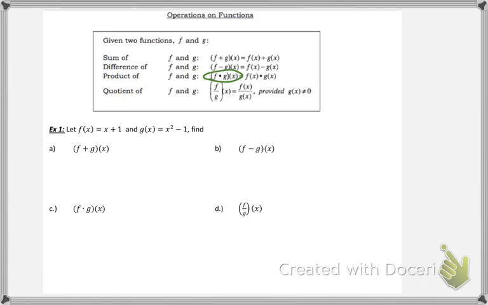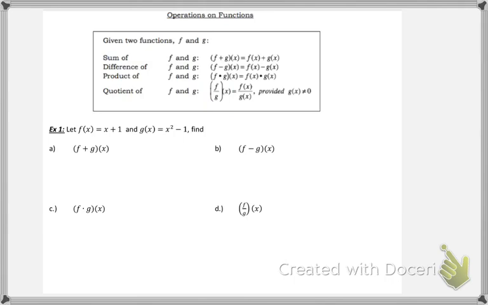Similarly, I could also name it by a different letter, like L of x. Lastly, when we divide two functions, f divided by g, we name the result f divided by g of x. The only condition, because I am dividing and we have a fraction, is that my denominator is not 0, so g of x cannot equal 0.